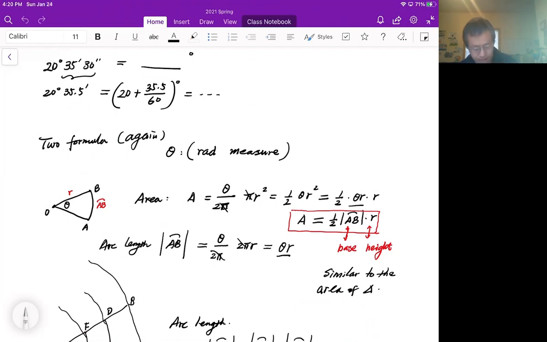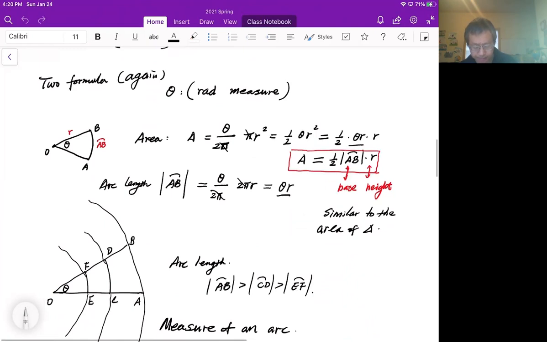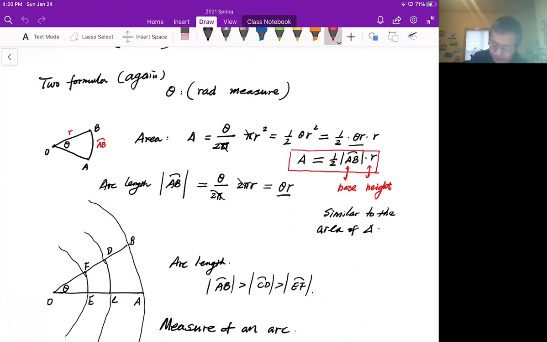And some of the formulas, again, in terms of the radians measure. For the area, let me slow down a little bit. This was the standard one: pi r square and then divide by 2 pi. The original formula was 360, but 360 degrees is just 2 pi radians.